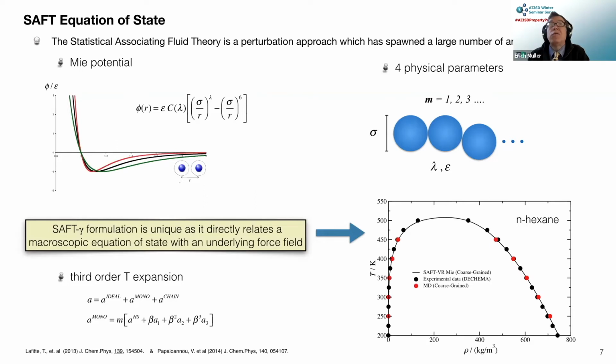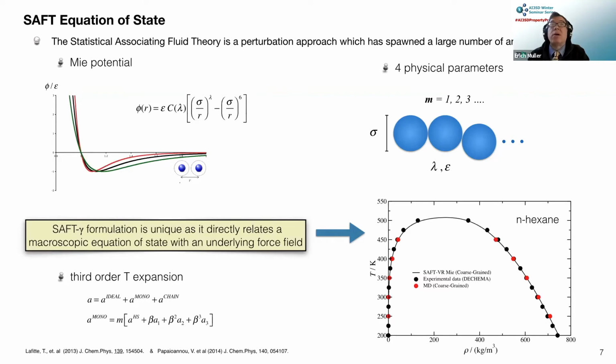We chose the SAFT equation of state, which stands for statistical associating fluid theory, for no particular reason other than we're familiar with it, and we have worked a lot to develop it. We could have used anything, to be very honest.